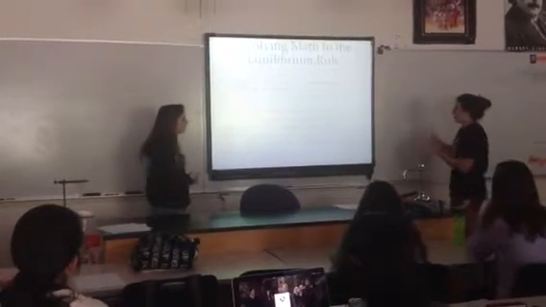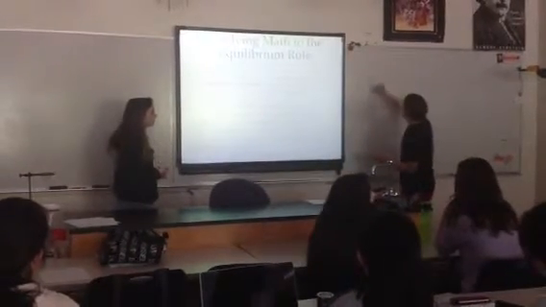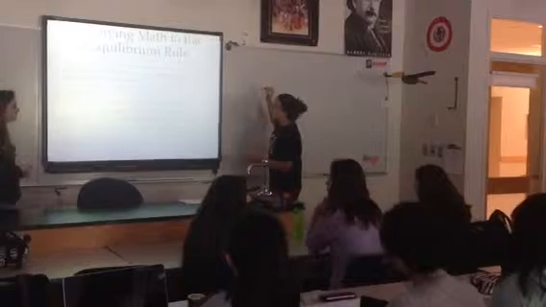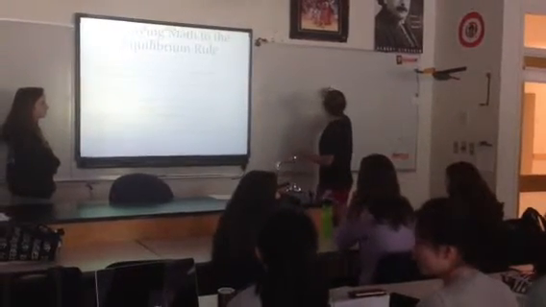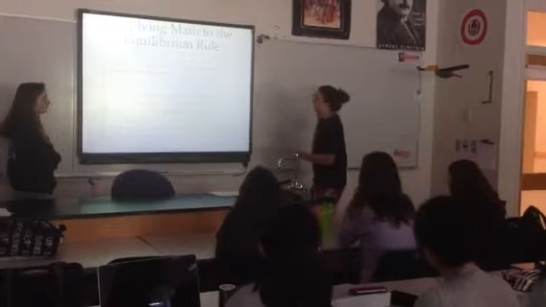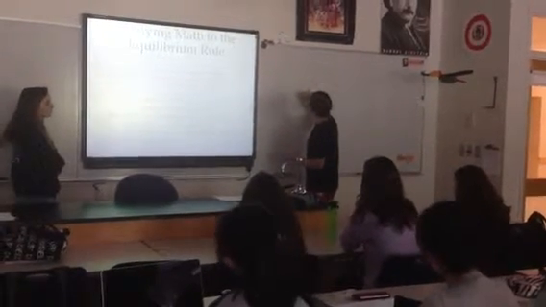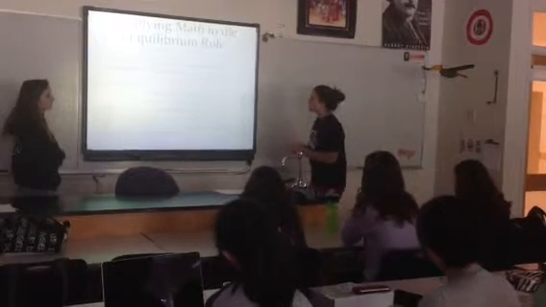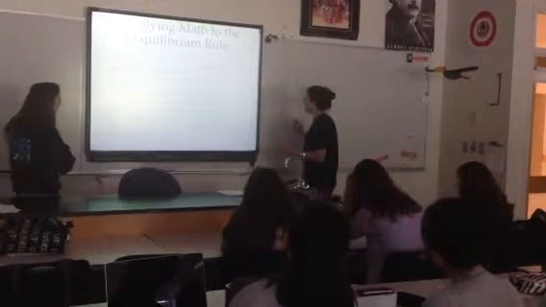So, here's the board. We know the tension in each rope is 350 newtons, and we know the weight of the painter is 550 newtons. So we can use ΣF equals 0.